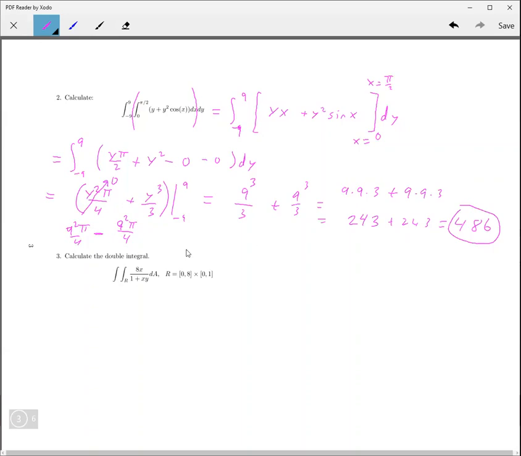Okay, great. So the next problem, number 3, we're supposed to calculate a double integral. And here it gives you the rectangle, and it has this notation that's integrate over this rectangle here. That's the notation for that.